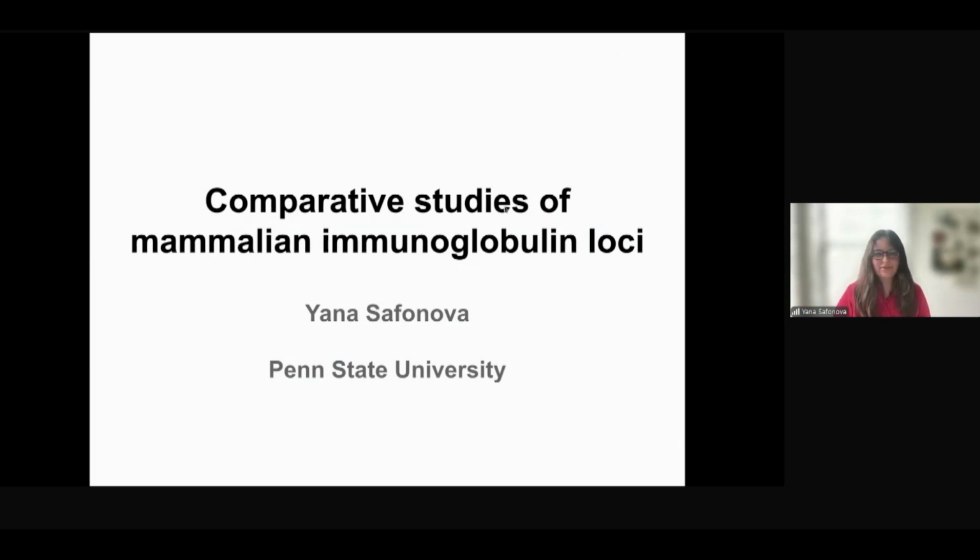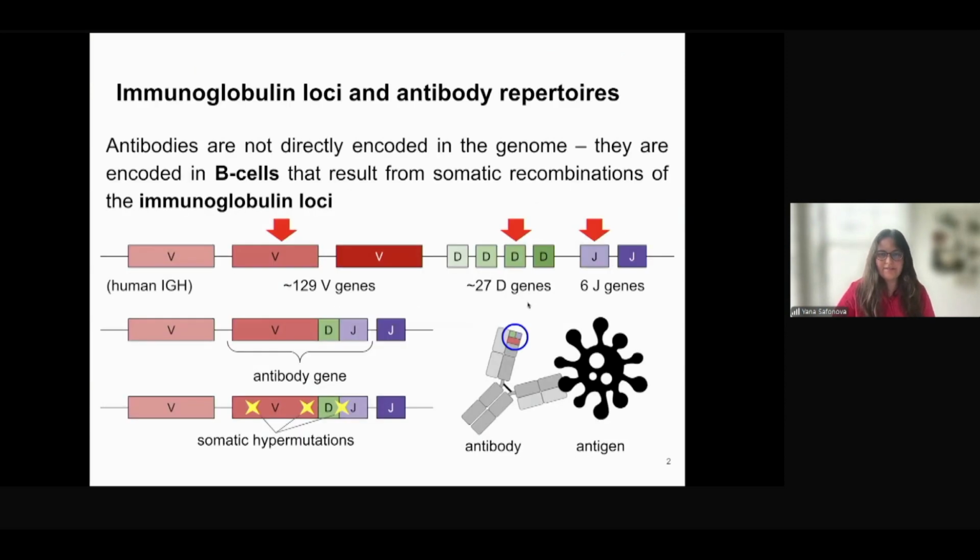Today, I want to show you some of the results of comparative studies of mammalian immunoglobulin loci. So we all here know the way immunoglobulin loci are organized in the genome. They are superfamilies of V, D and J genes. In B cells, they undergo somatic processes such as VDJ recombination, somatic hypermutation, and many additional effects, and it results in a highly diverse set of antibody repertoires.